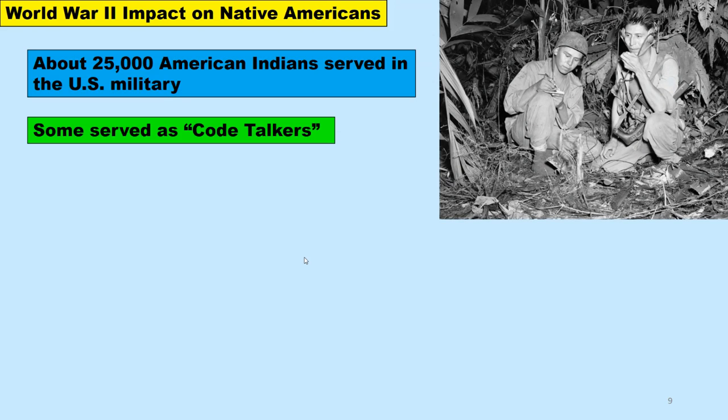Okay, and so let's explain what this is. Remember during the Trail of Tears time period, the Indian Removal Act back during Andrew Jackson's time, we talked about the assimilation of the Cherokee. The fact that they had written an alphabet, they had a written language, that was part of their assimilation.